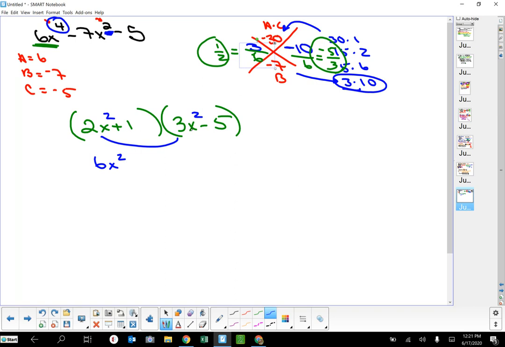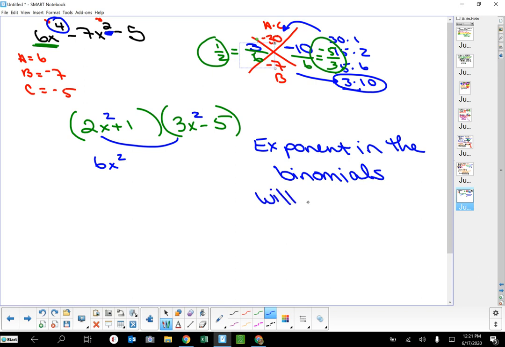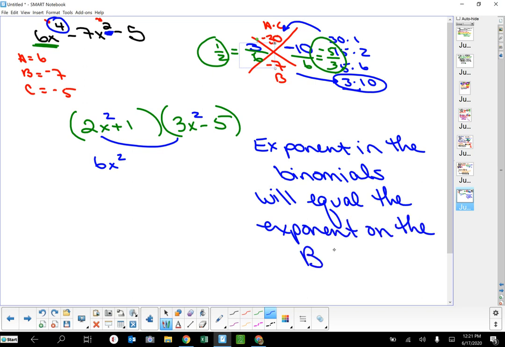In your parentheses, the exponent in the binomials will equal the exponent on the b term.